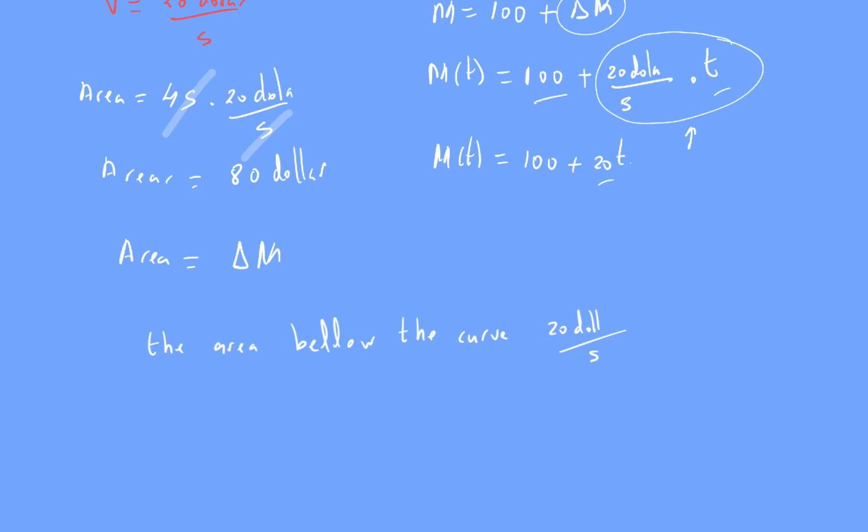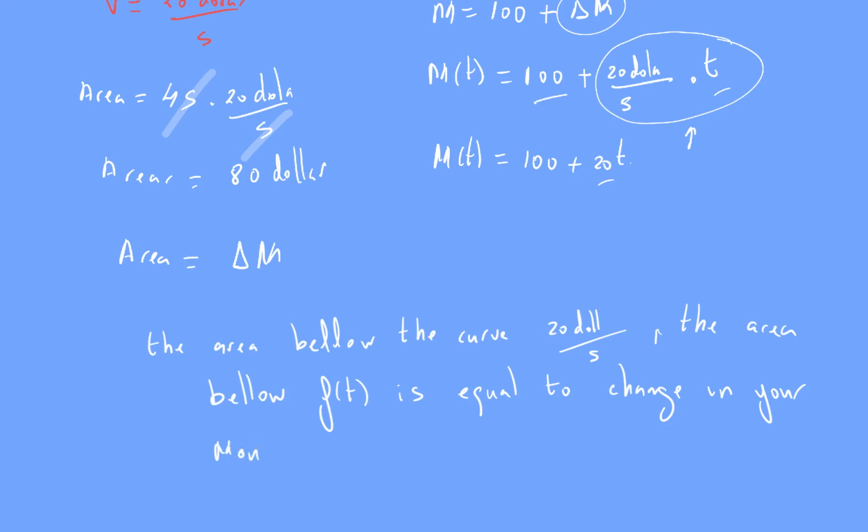The area below f of t is equal to the change in your money, or is equal to the change in the function F.